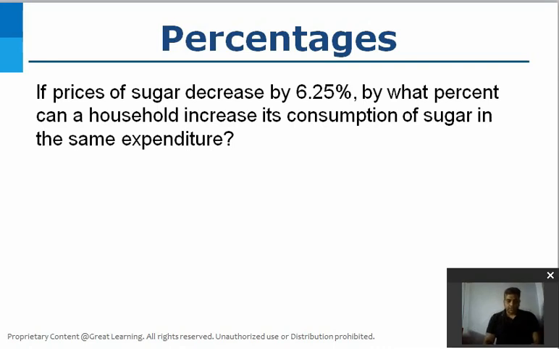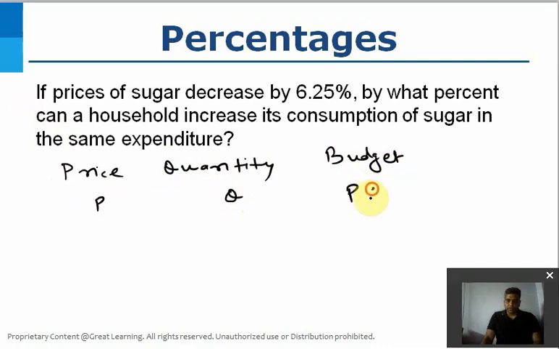So in this question particularly, suppose when the price and quantity are P and Q, my budget is nothing but P into Q. Now the price of sugar decreases by 6.25%.